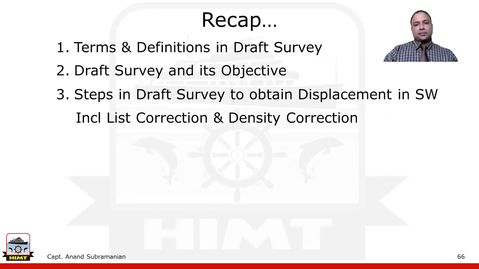All right, as a recap, what we have just seen is the various terms and definitions used in the draft survey. We've also seen the draft survey and its objective, as to why we go about doing it. We've also seen the steps in draft survey to obtain the displacement in salt water. And ultimately, in case a ship has some list correction or density correction, we've also seen how to apply those corrections and get the final displacement at the density in which the ship is floating.